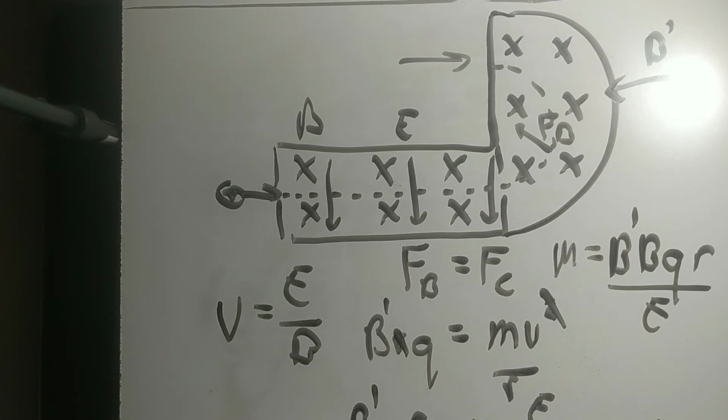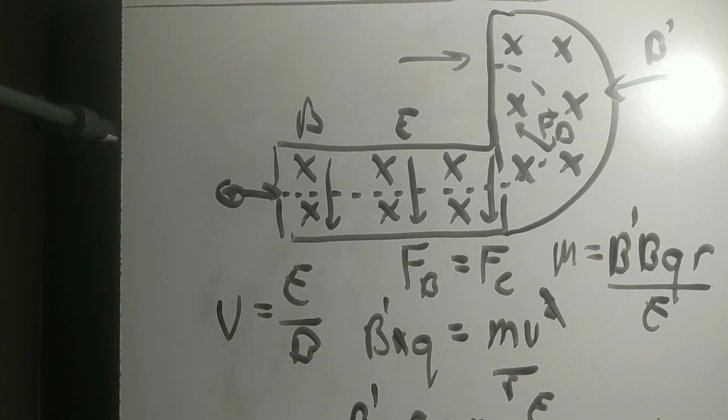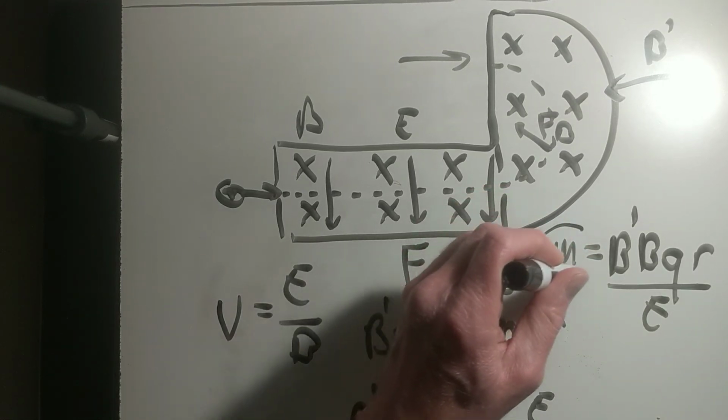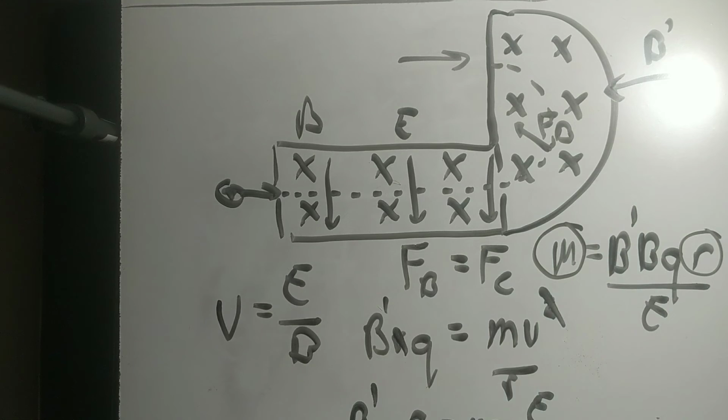That's going to be the mass of the particle. So again, B times B prime times QR over the electric field. But the important thing here, the main piece, is that the mass of the particle is proportional to the radius.